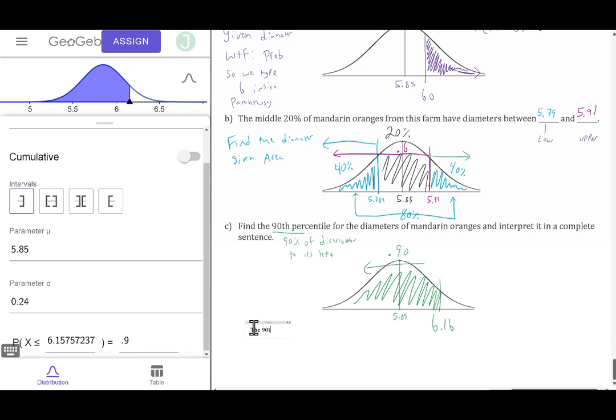So the 90th percentile is 6.16 centimeters, which means that 90% of the oranges grown on this farm have a diameter that is less than or equal to 6.16 centimeters.